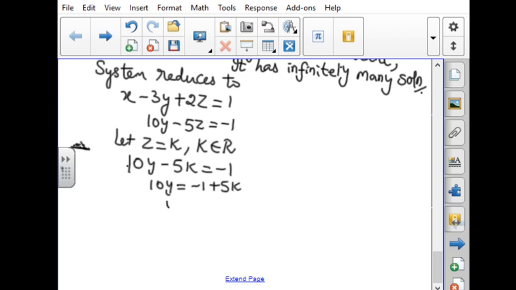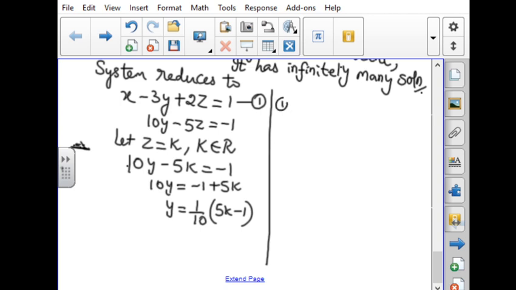So y is equal to 1 by 10 into (5k minus 1). So by substituting the y value and z value in the first equation, let us take this as the first equation. That is, equation 1, we need to find out the x value.